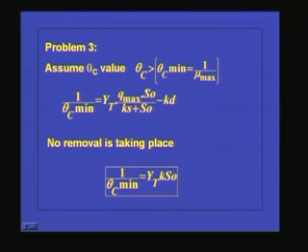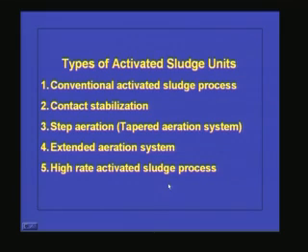That is why we are putting S naught here instead of SC. So, we can find out the theta C minimum. These are the 3 different problems, or 3 different ways, of designing an activated sludge process.